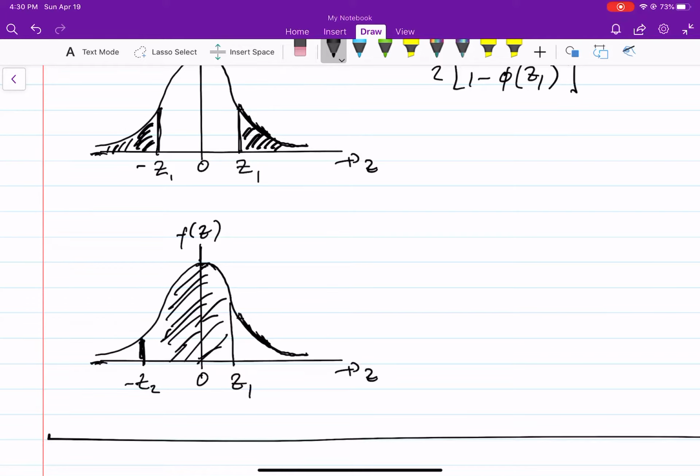The unshaded portion to the right can be written as 1 minus phi of Z1. The unshaded portion to the left can be written as 1 minus phi of Z2.